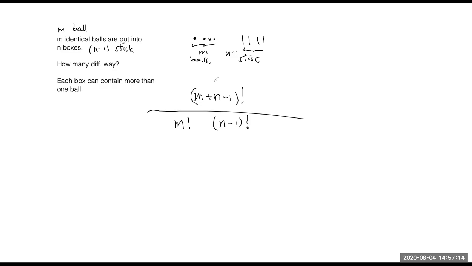See if you understand this one. Yes? Wait.